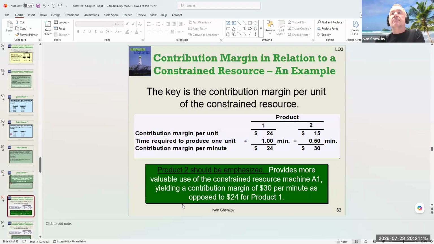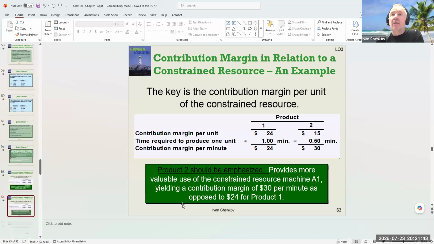Next, we see how much my contribution margin per minute is. Once I see that the contribution margin per minute is $30 for product 2, that becomes my desirable product, so I can emphasize my production on product 2 first until I satisfy the demand, and then move to product 1.